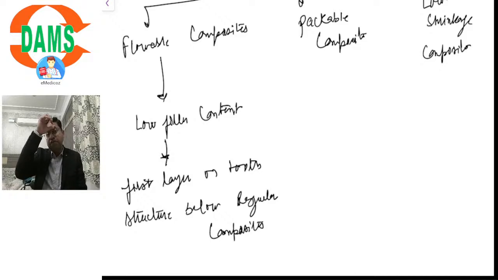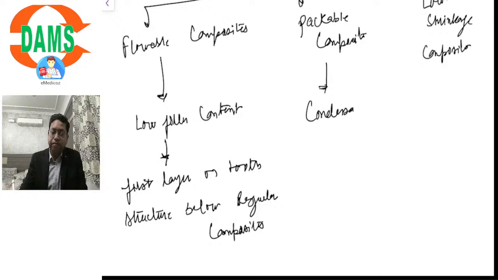They're used as a first layer so that they flow and adapt very well to the tooth structure. Packable composites, as the name indicates, they are condensable, like amalgam.